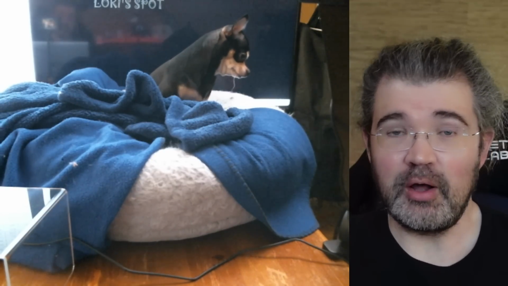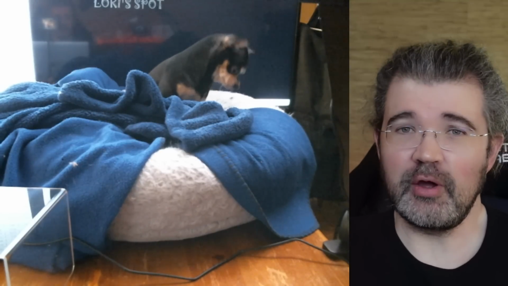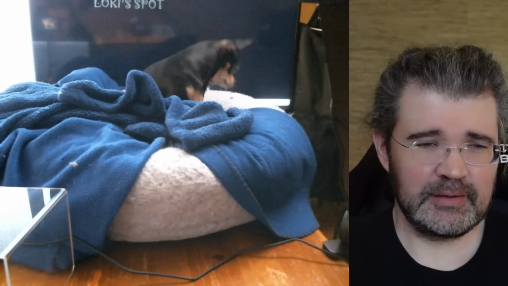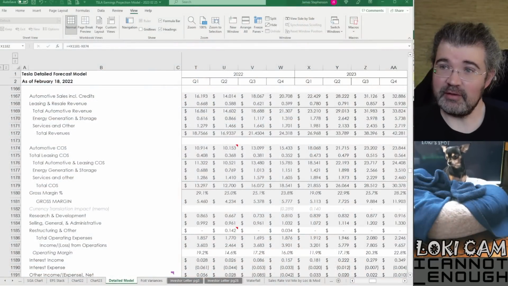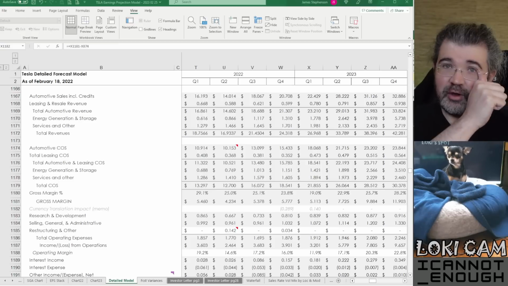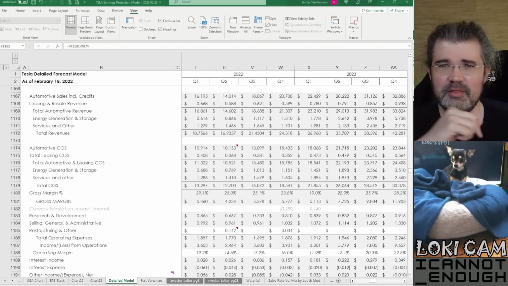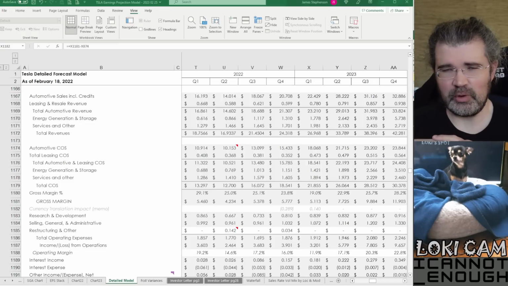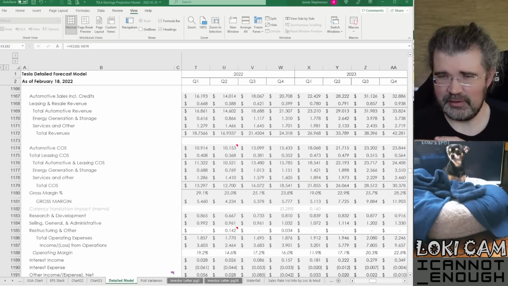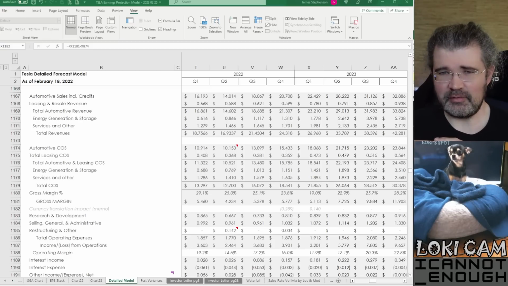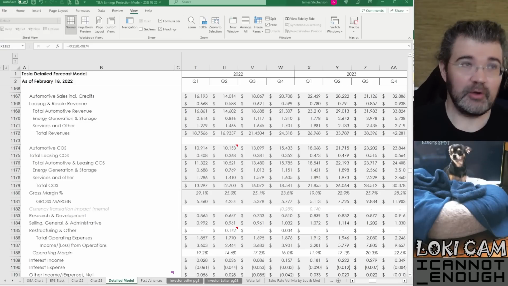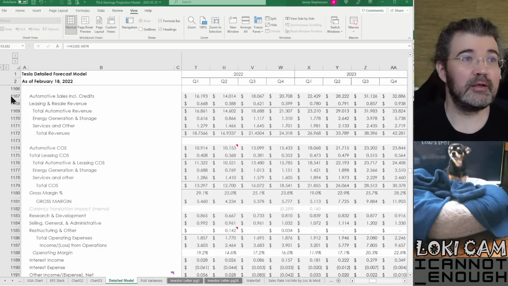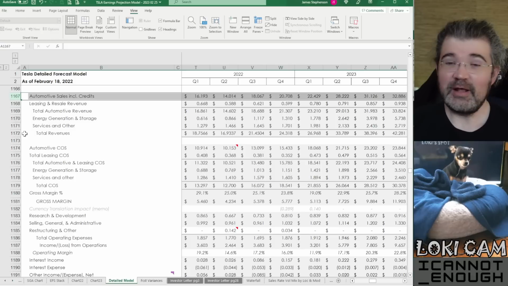We've gone through all of the charts already, so the next thing we're going to hit is the income statement. I always start off the first non-chart section with the P&L, which I think is what people are probably most interested in looking at of all the content in my detailed model. You can see the rows where we're starting here, row 1167.